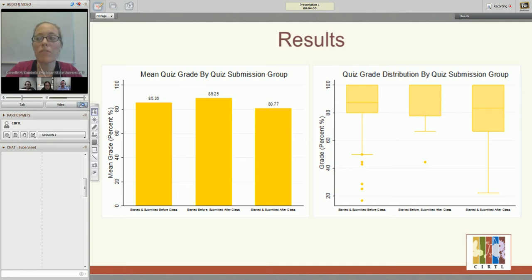And indeed, when we run a Kruskal-Wallis test, which is similar to ANOVA, but it's non-parametric, because as you can see from the graph on the right, the assumption of normality and homogeneity of variances for the ANOVA test is rejected. We do see that the performance or the distributions of those three groups are statistically different. And then based on the means and the distributions, the students who at least started before class perform better. Next slide, please.